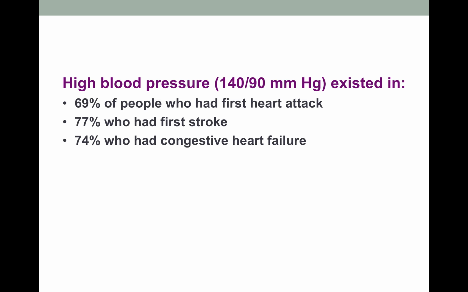So in those that have high blood pressure, 69% of them were people who had their first heart attack, 77% who had a first stroke, and 74% who had congestive heart failure. So you can see the relationship, the powerful relationship of high blood pressure with these major life-threatening events.